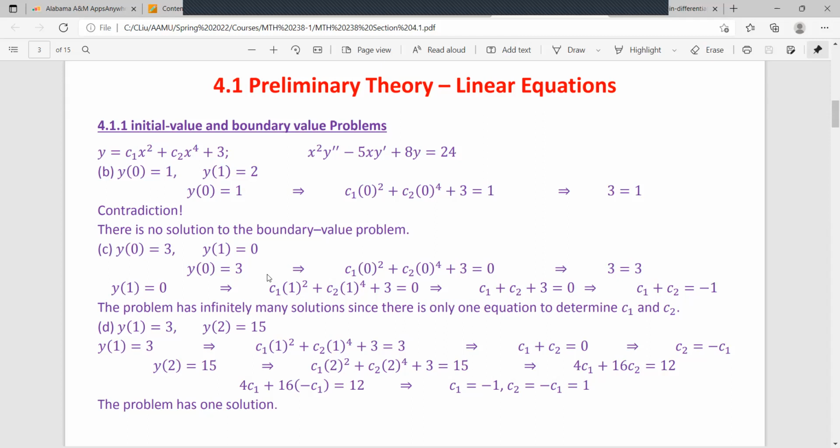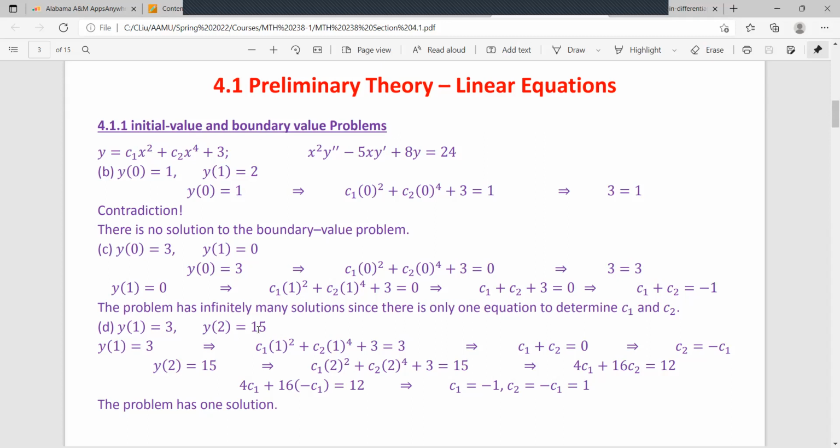Let's just do one more example. This time we have the same differential equation. Obviously, we know the solution for this equation is the same. The boundary conditions are given at x equal to 1 and x equal to 2 this time, y(1) equal to 3 and y(2) equal to 15.